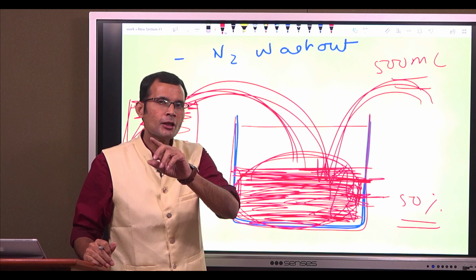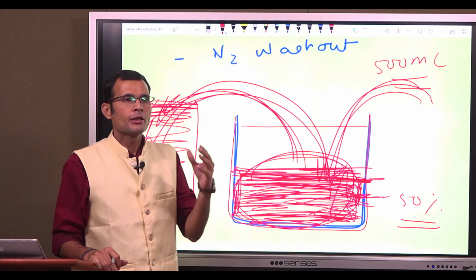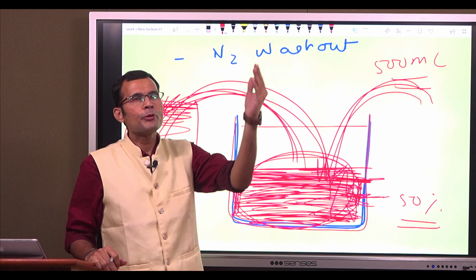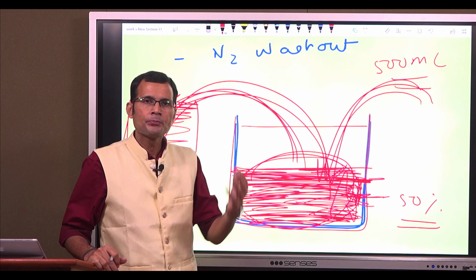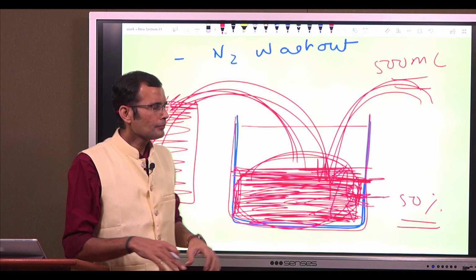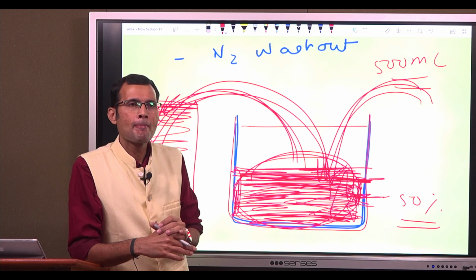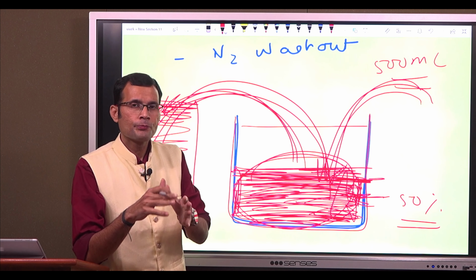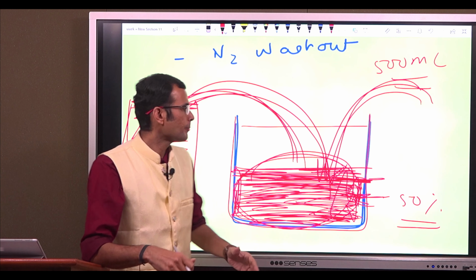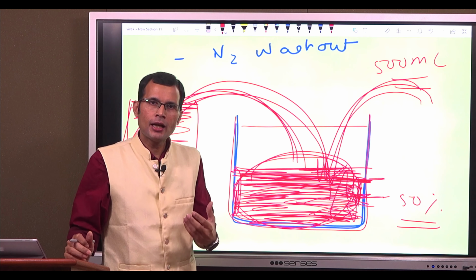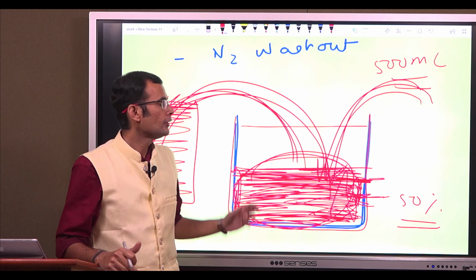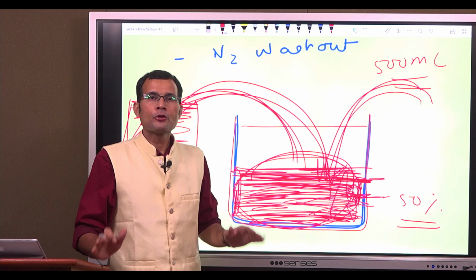Or talking in terms of nitrogen. Look, let's say we inspire atmospheric air, it goes into the lungs and it remains in the lungs. Now, if I say that in the lung, in the residual volume, 80% nitrogen is there.